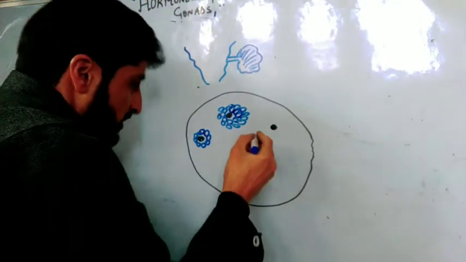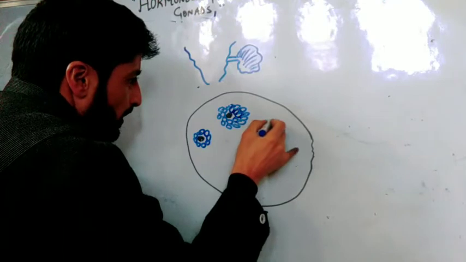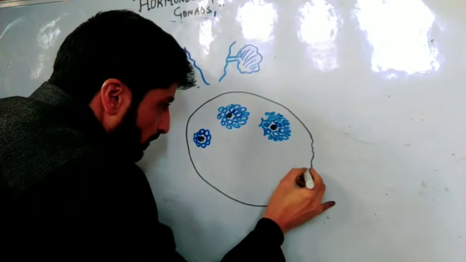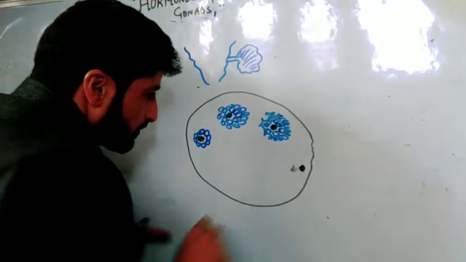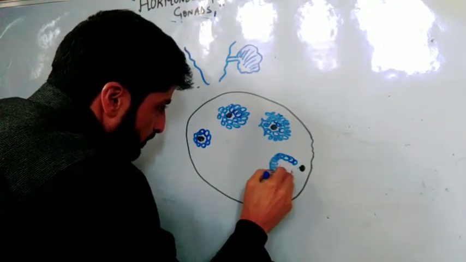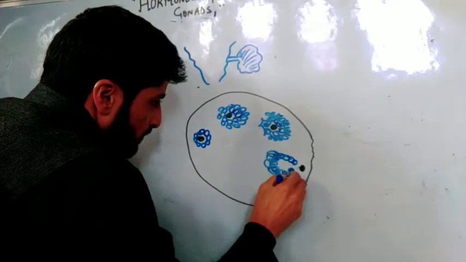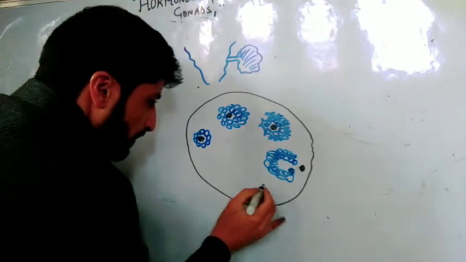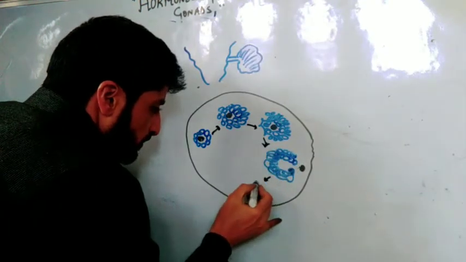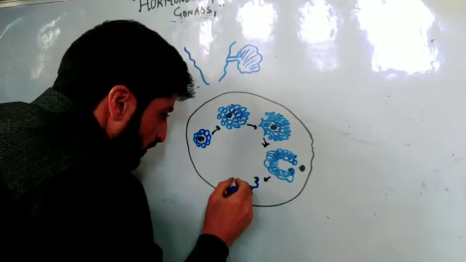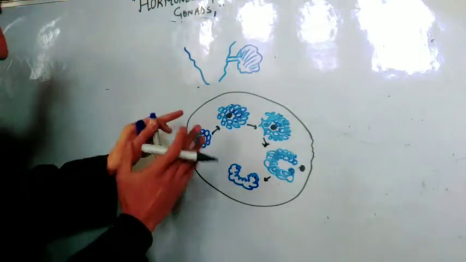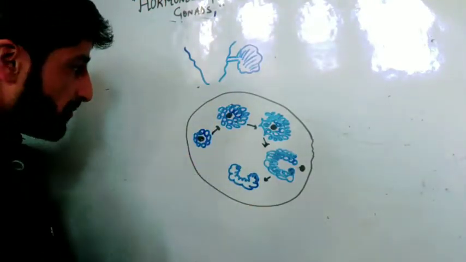Let me draw a diagram like this. My diagram is completed. This is just the microscopic anatomy of ovary.